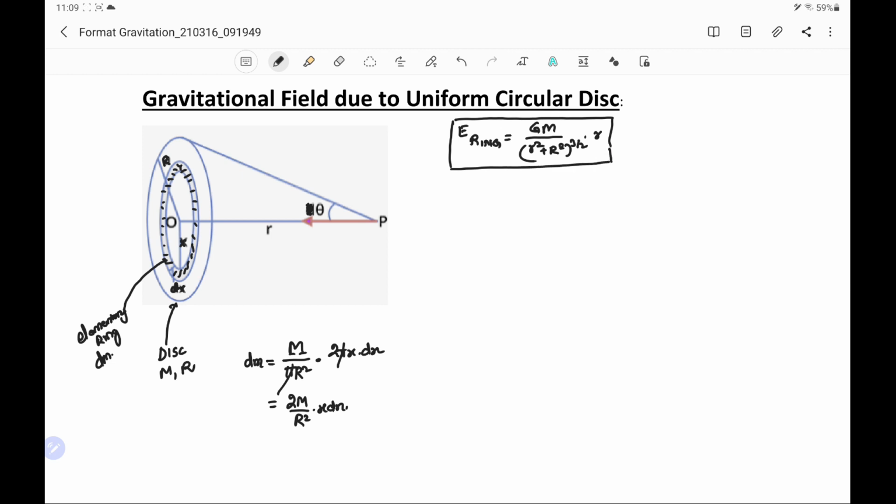We have taken the elementary ring, so we will first find the elementary field due to the elementary ring at point P. Then we will integrate it to find the final field at the point P.